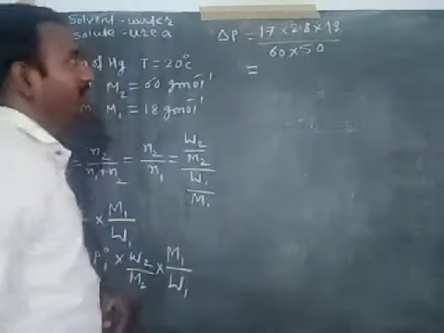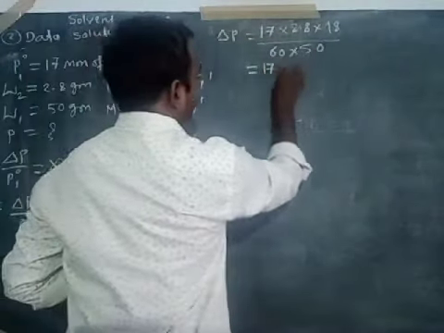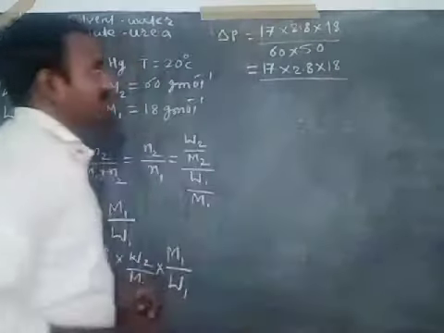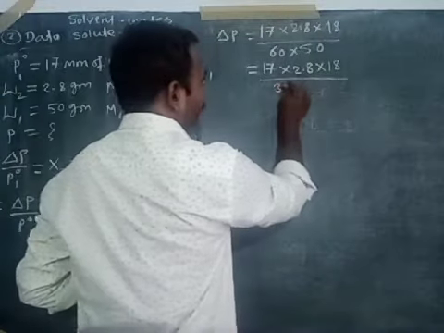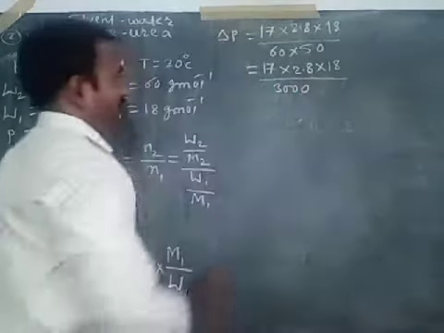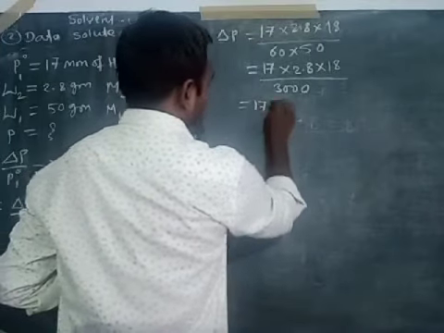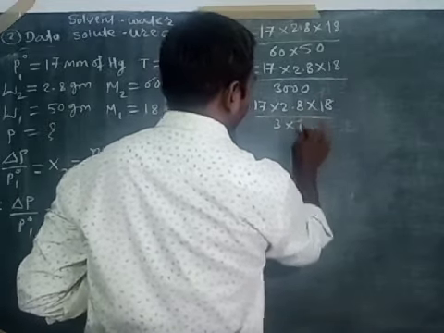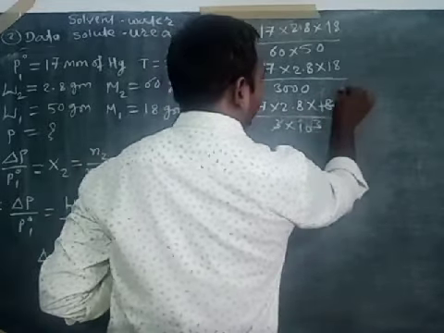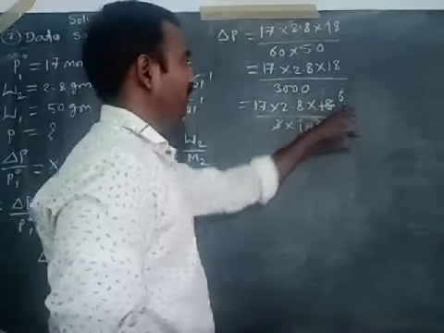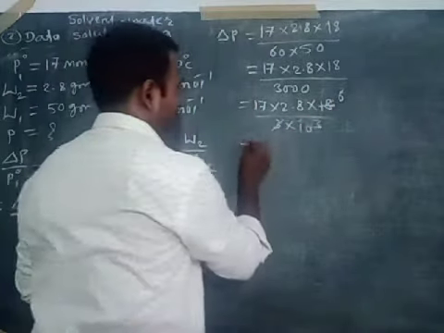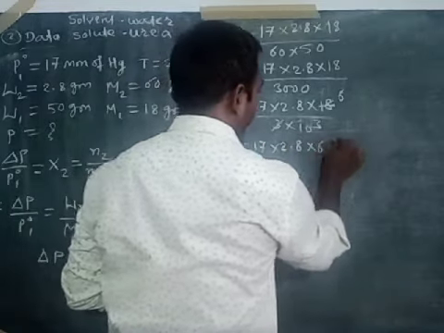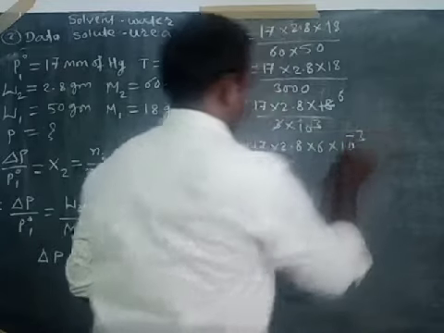And we can calculate the term like this: 17 multiplied by 2.8 as it is, 18 as it is, 60 into 50 will become 3000, and 3000 can be written as 3 into 10 raised to 3. So 17 into 2.8 into 18 divided by 3 into 10 raised to 3. 18 divided by 3 will give 6, and that's why the value becomes 17 multiplied by 2.8 into 6 into 10 to the power minus 3.